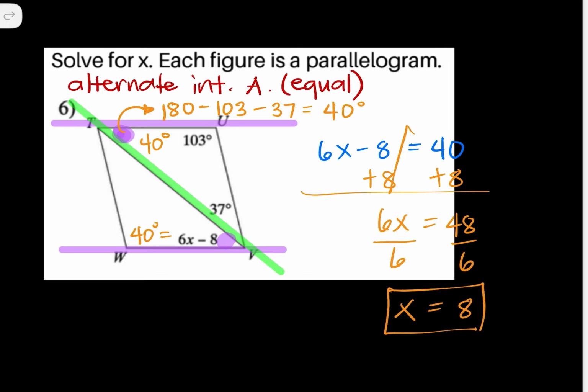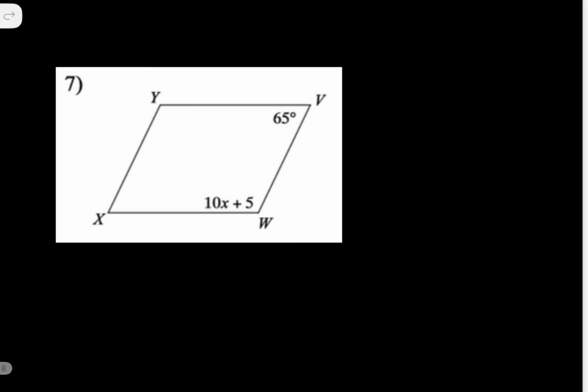Let's try another problem. Okay, so we have angle V and W. These two angles are considered consecutive angles. And consecutive angles are supplementary, meaning when added together, it's equal to 180 degrees.